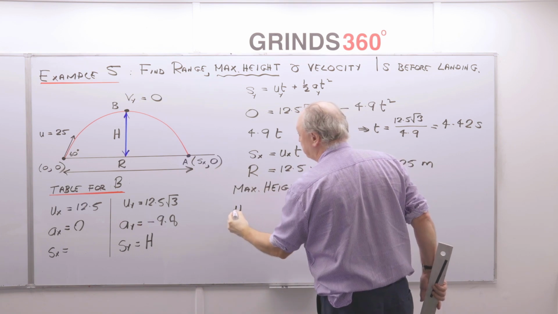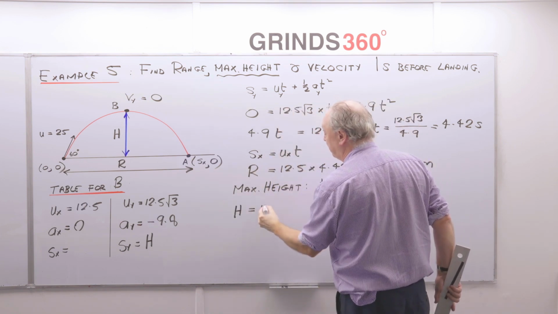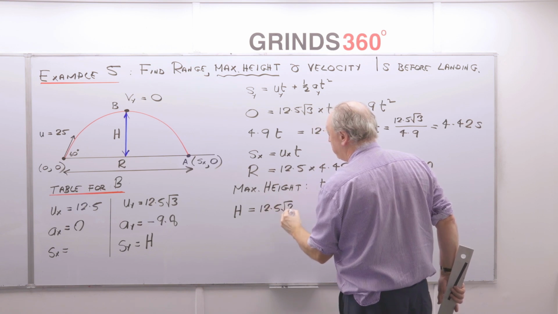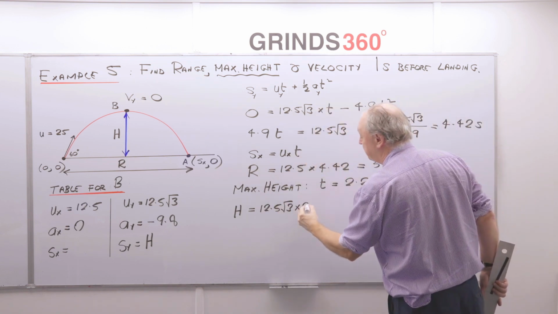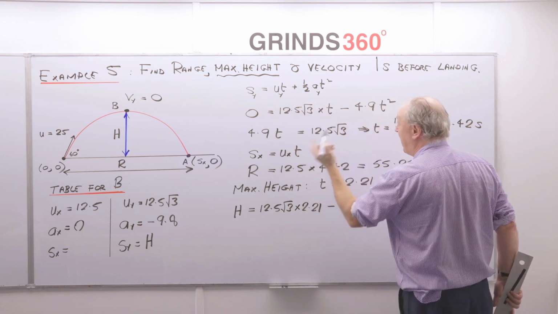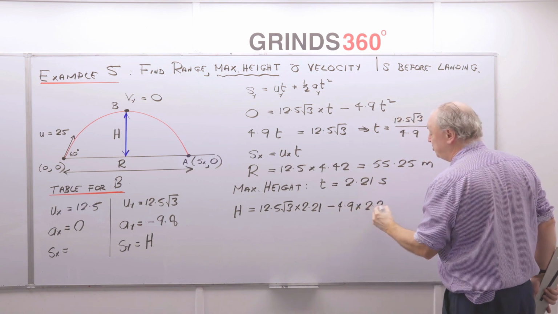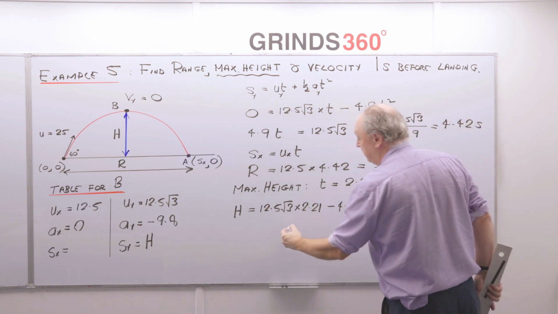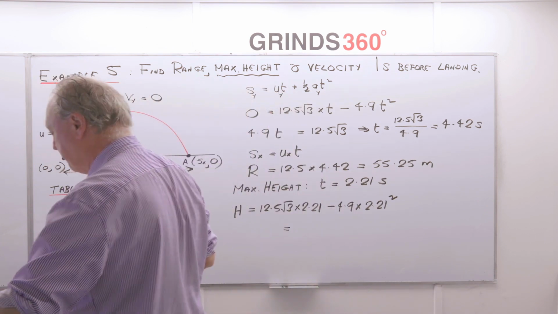SY is H. UY is 12.5 root 3, multiplied by time, which is 2.21 seconds, plus a half ay t squared. Half ay is minus 4.9 by 2.21 squared. So here's my maximum height. So put all that into my calculator.